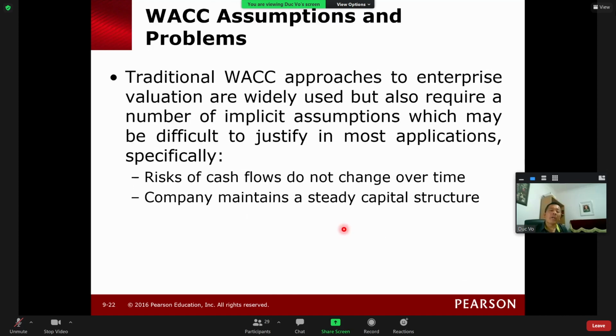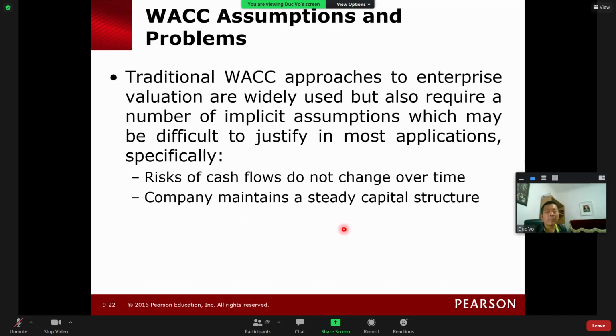Now we go to the main point. When you use the DCF valuation, the standard assumption is you use the cost of capital, WACC, and you use one value for the cost of capital for 100 years, for the life of the company. Is that correct? The answer is no, because the implicit assumption for the cost of capital is that the capital structure remains the same.